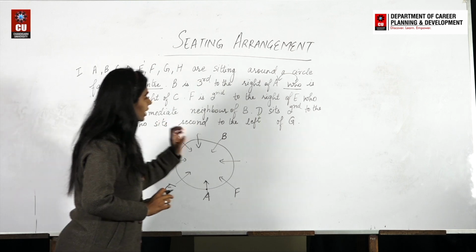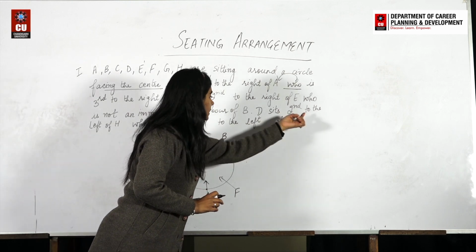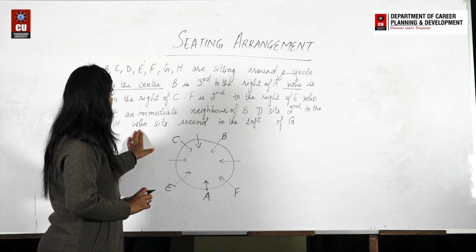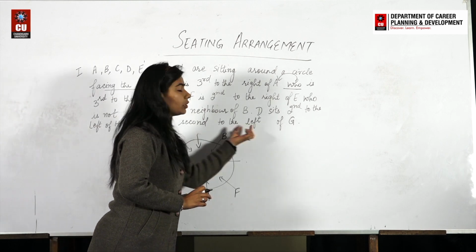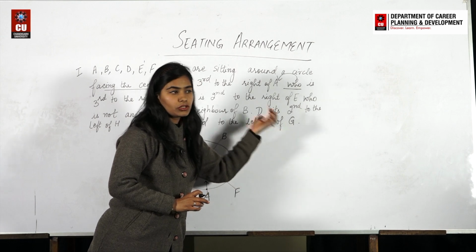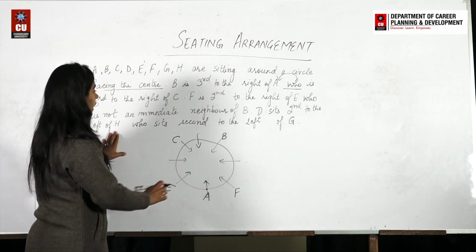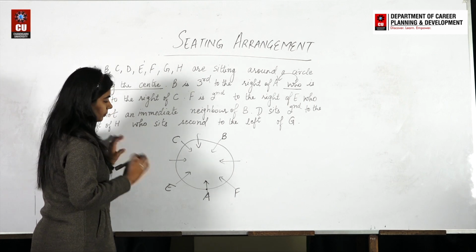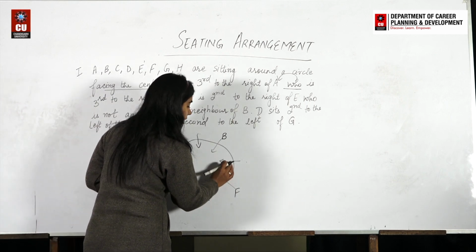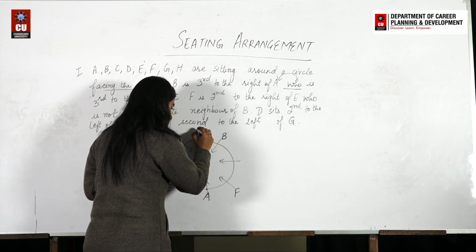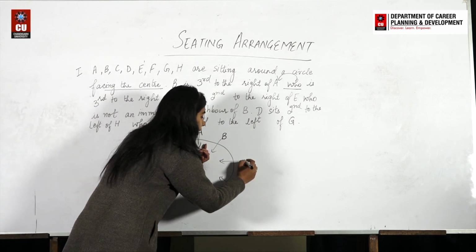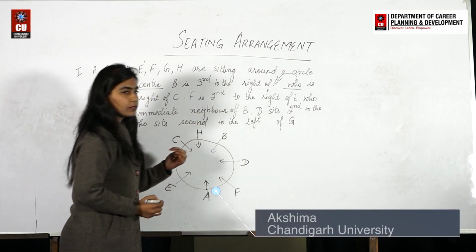Then the next statement says D sits second to the right of H, who sits second to the left of G. D sits second to the left of H. If we place H here, D is second to the left of H. D is placed here.